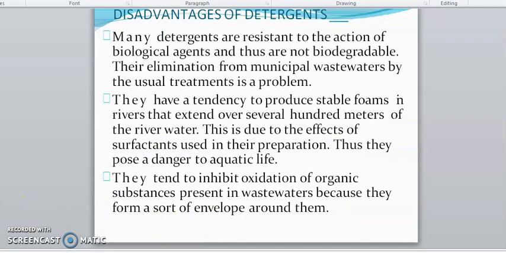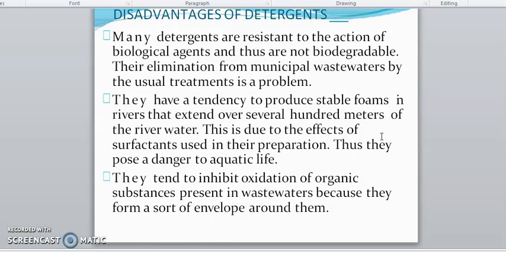Now we go through the disadvantages. Many detergents are resistant to the action of biological agents and thus are not biodegradable. It's a disadvantage. Their elimination from municipal wastewater by the usual treatments is a problem. They have a tendency to produce stable foams in rivers that extend over several hundred meters of the river water.